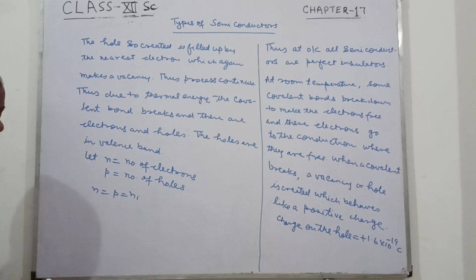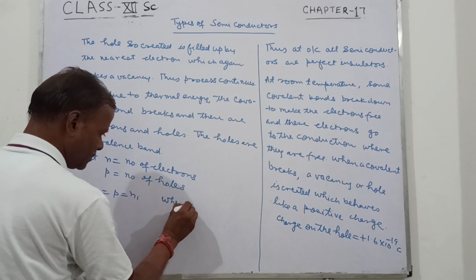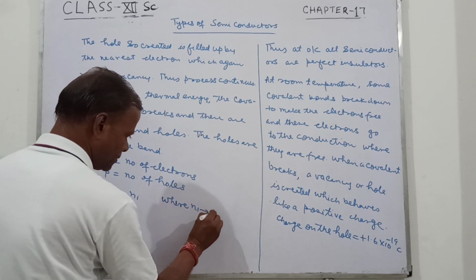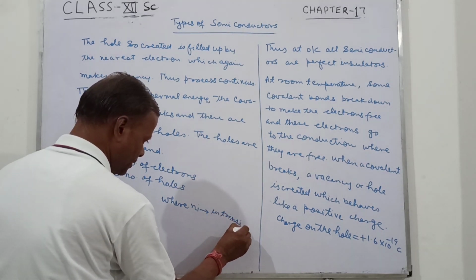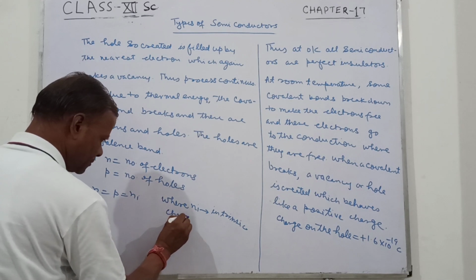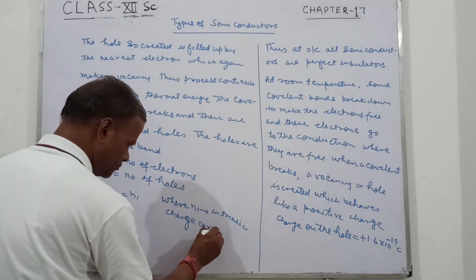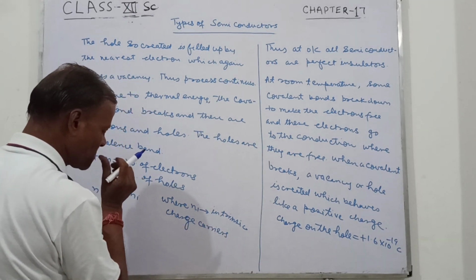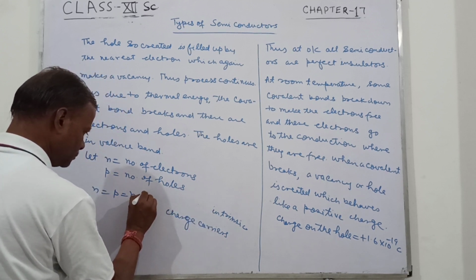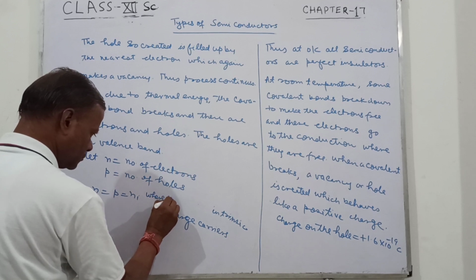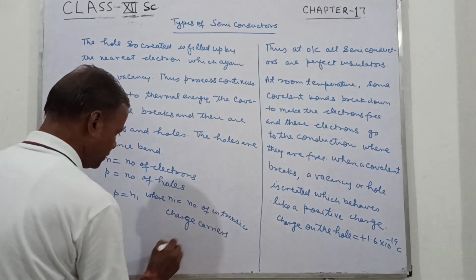Ni is called the intrinsic charge carrier concentration, the number of intrinsic charge carriers.